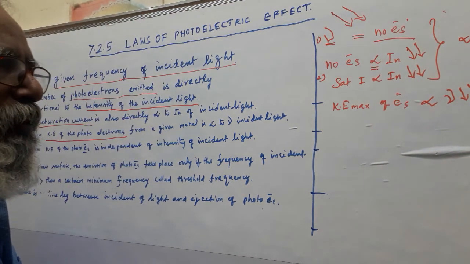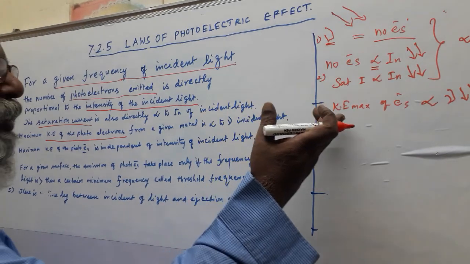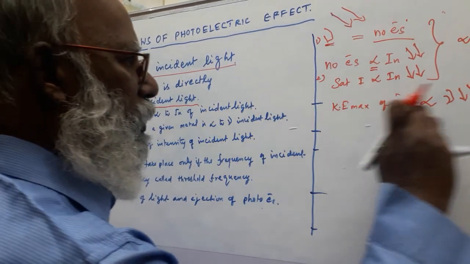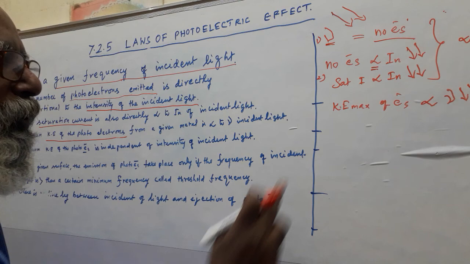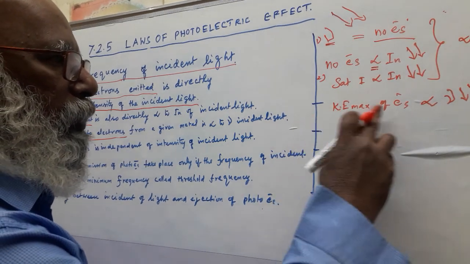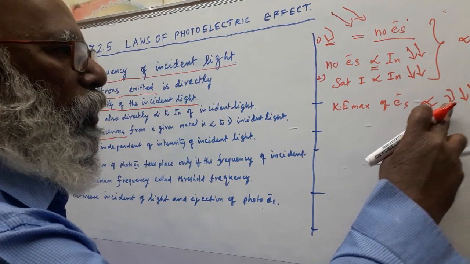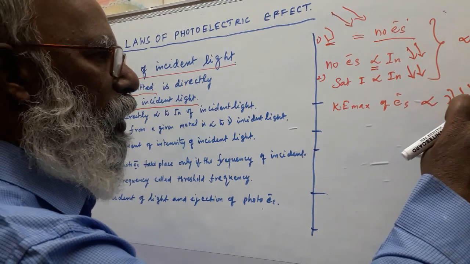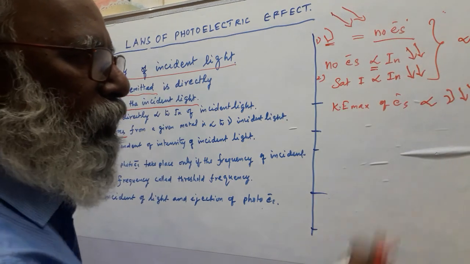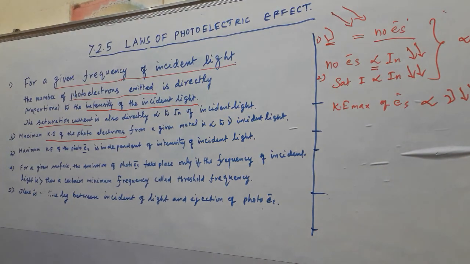Very simple, but you understand the concept, and by the hints itself you can write: the maximum kinetic energy of electrons is directly proportional to the frequency of the incident light rays. That is the second law.